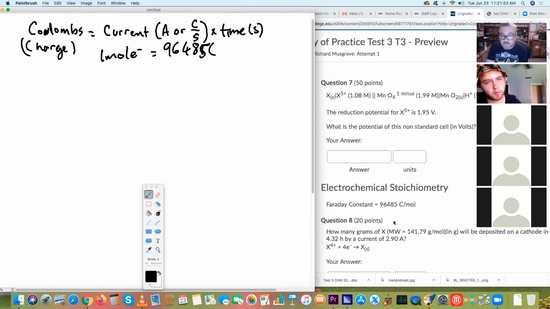That's per 1 mole of electrons, 1 mole of e minus. And for the C over F, C as in concentration? No, coulombs. Coulombs, that's a measure of electrical charge.